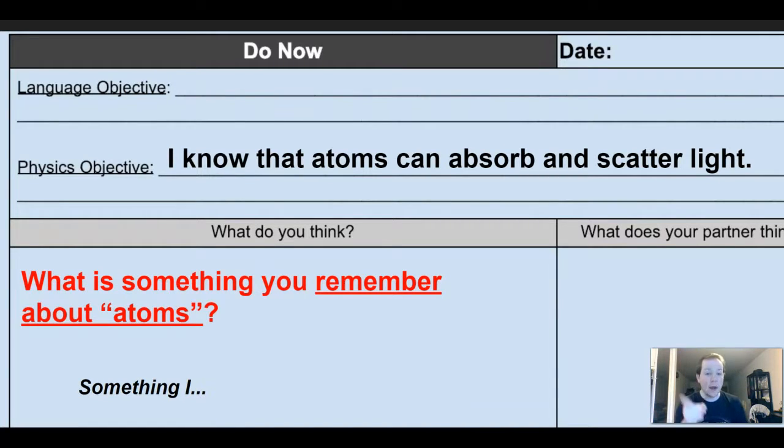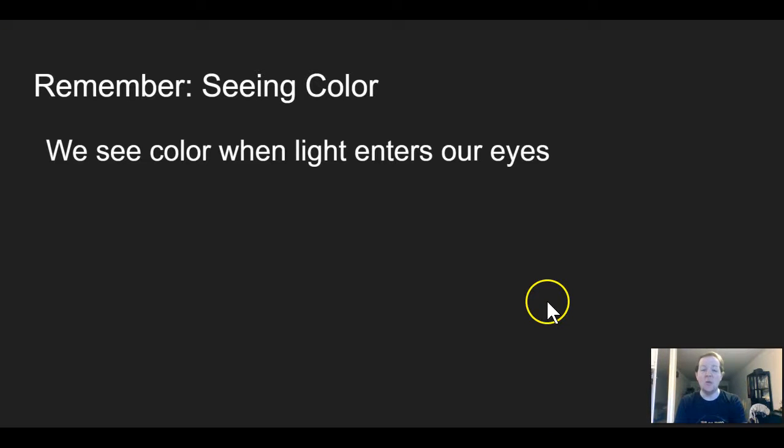I want you to write one full sentence. Something I remember about atoms is... It's okay if you're just trying to make a guess. You don't have to go on Google. I don't need a Google answer. What do you remember? We talked about atoms before. Go ahead, type what you think.